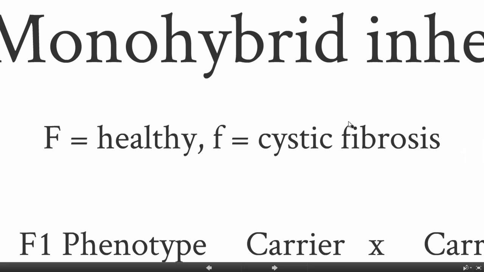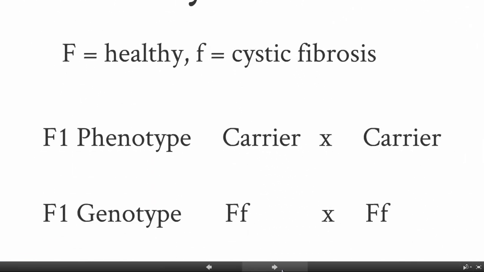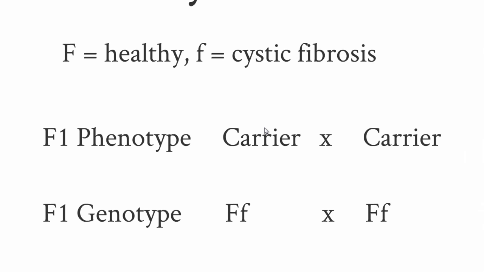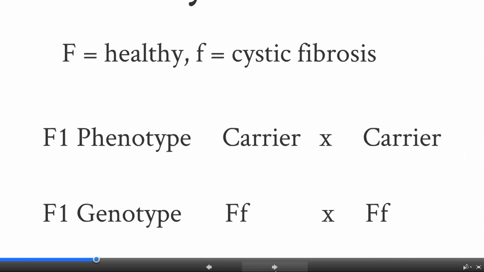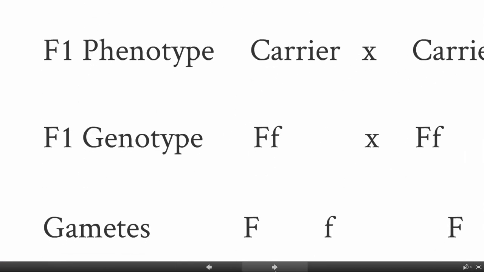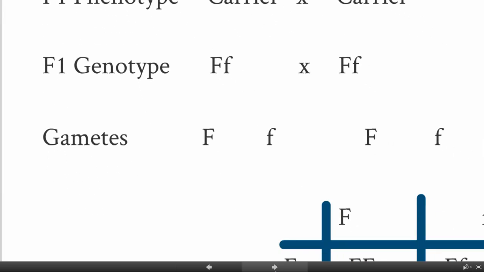The first line that you always write down is the parental phenotype and then the F1 genotype, for the people being crossed. In this case they're both carriers, though you could also put these as healthy. The genotype would be big F small f in both instances because they're carriers. The next line down is the gametes, which is what the sex cells contain.